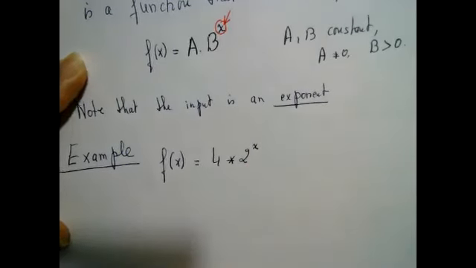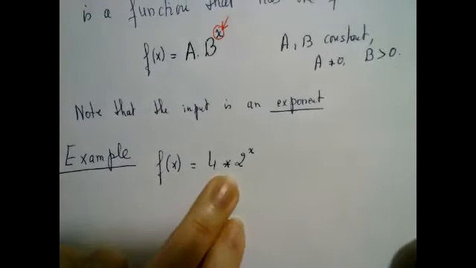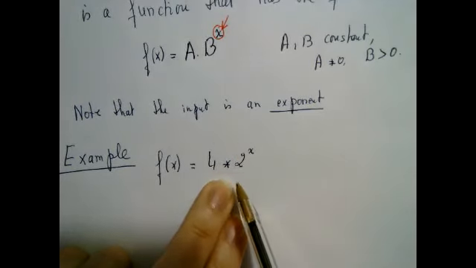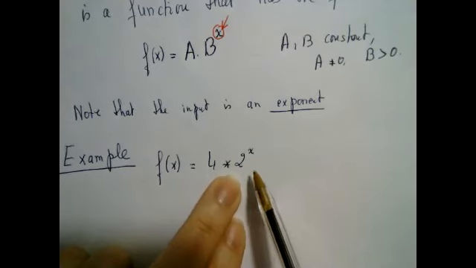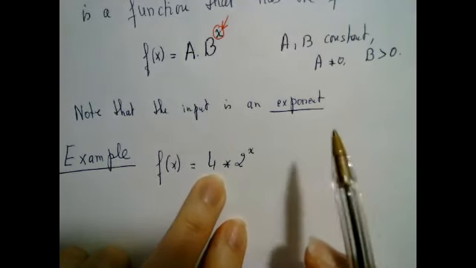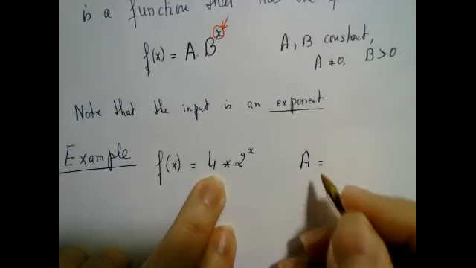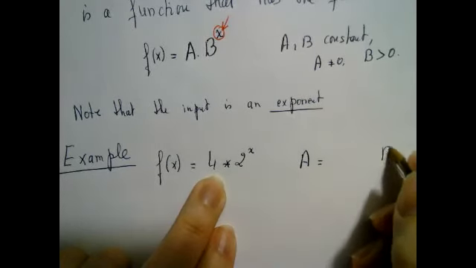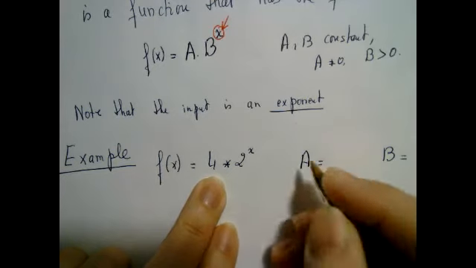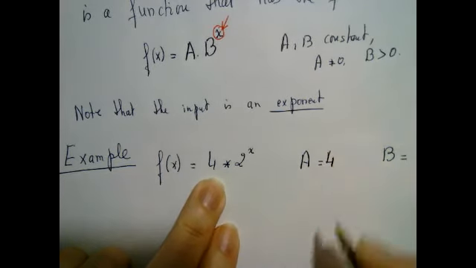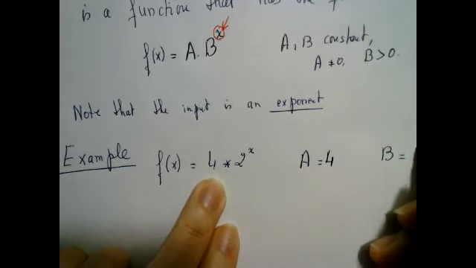In this problem, what's the a and what's the b? We should recognize the pattern. The a is the 4. The b is the 2.